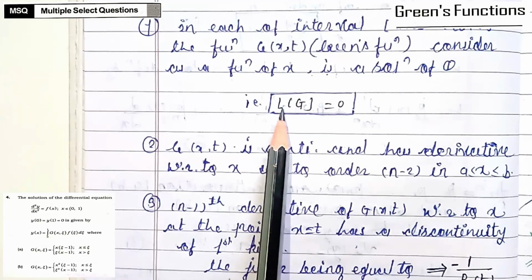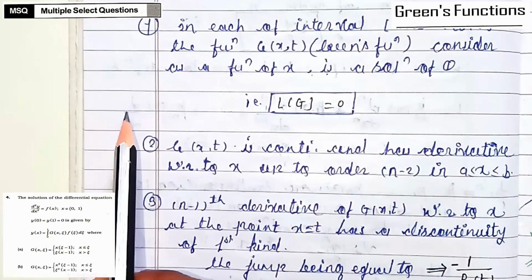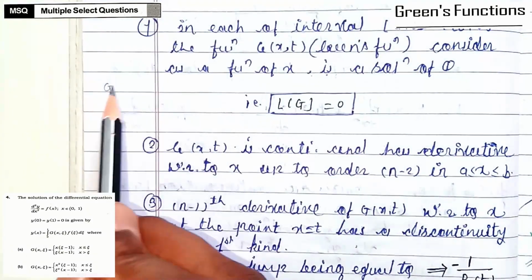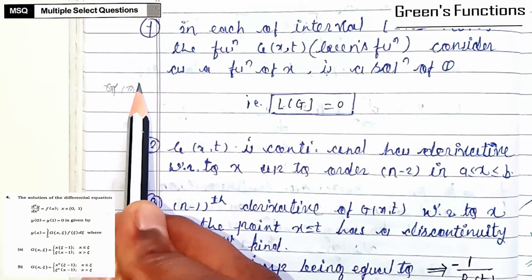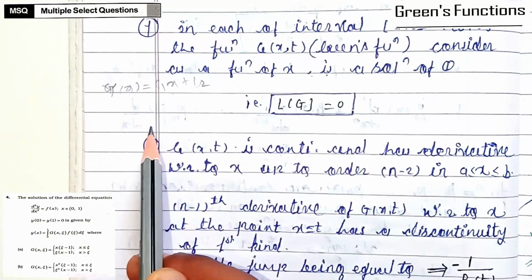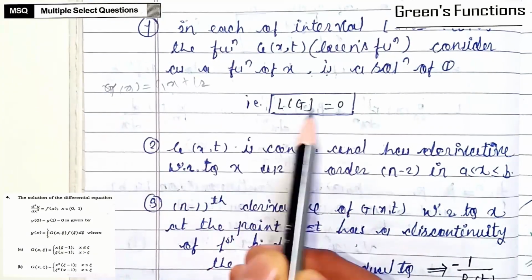Then we write it as L of g equal to 0. As the solution of our example is y of x equal to c1x plus c2, we convert our solution into the form of Green's function, like L of g equal to 0.